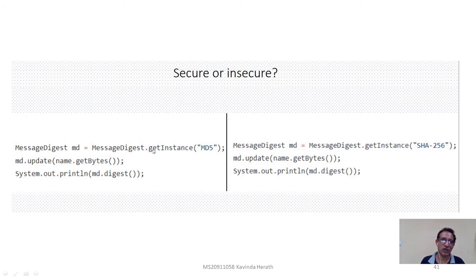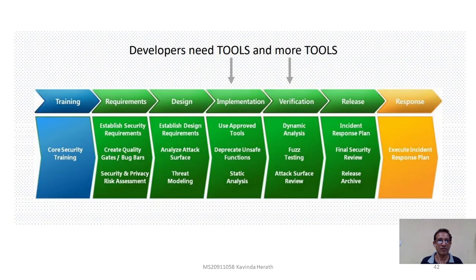SHA-256 is highly secure, while MD5 is not a secure cryptographic algorithm. You should concentrate on these security measures while doing secure coding.